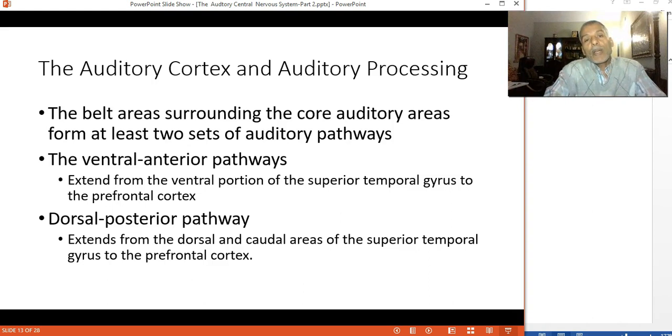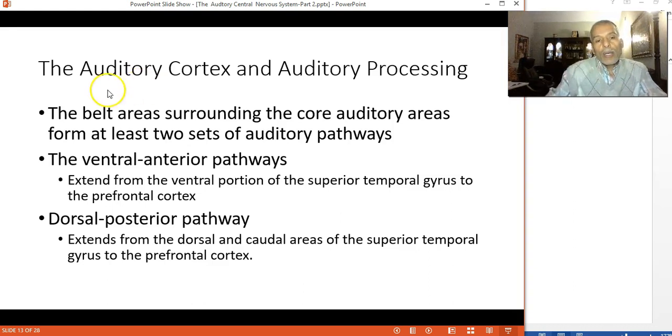So the areas, as I mentioned, that surround area A1, or the core of the auditory cortex, they have two pathways. And I'm just highlighting this because I want to connect hearing to speaking.